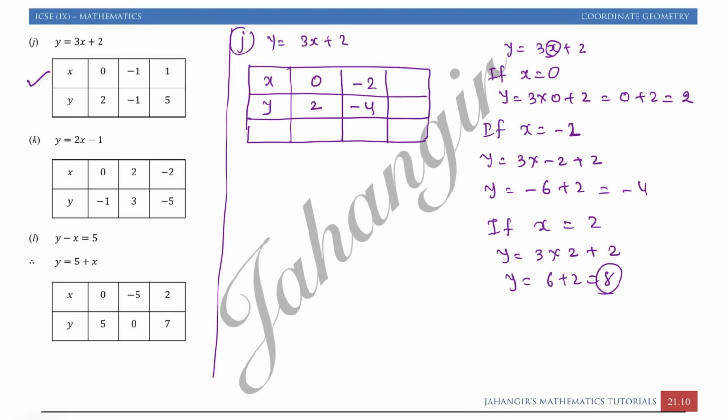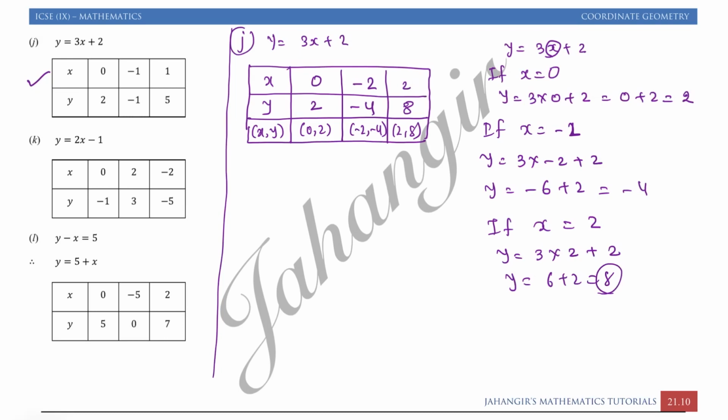It depends on what your teachers say, but after that I am just going to do it mentally and fill this table with three values. So if I'm taking x value 2, my y value will become 8. So here I can write x comma y, that is 0 comma 2, minus 2 comma minus 4 and 2 comma 8. All values will fit in the graph.